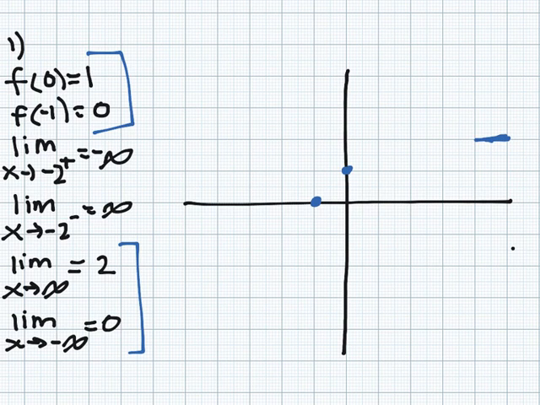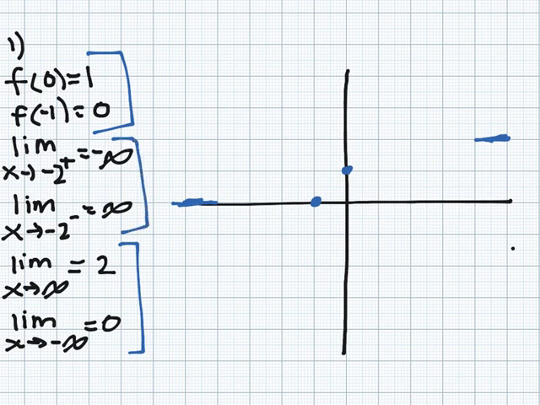And for when our limit as x approaches negative infinity, we're going to get closer and closer to 0. So that's how this would look. So our end state would be, as x approaches infinity, would be 2, and as x approaches negative infinity would be 0.